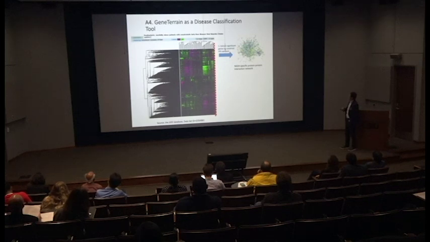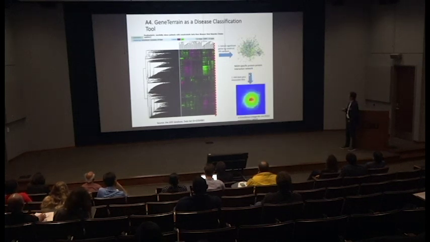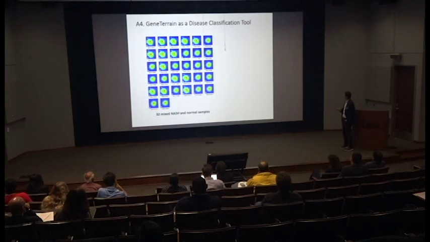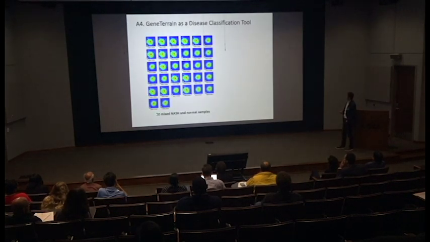So we can actually extract these clusters and then build a PPI network, and from these we build gene terrain. In fact, we look at 32 samples of NASH and normal, and we build 32 gene terrains.